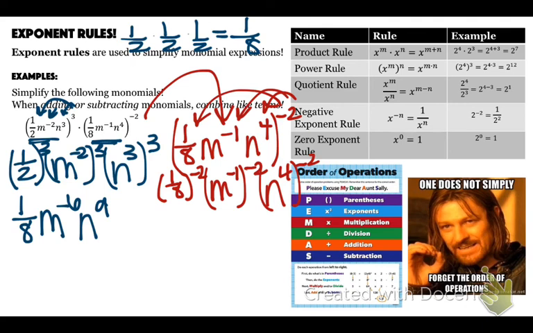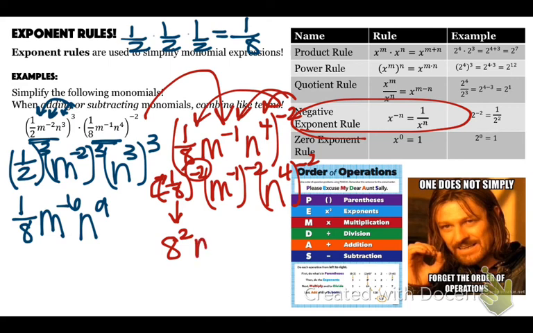Now 1/8 to the negative 2nd power. Well, remember our negative exponent rule where it flips it and changes it. So this is going to be the same as 8 to the second power. Okay, we flipped the inside and then made the exponent positive. Now, negative 1 times 2 is just 2. And then 4 times negative 2 is negative 8.